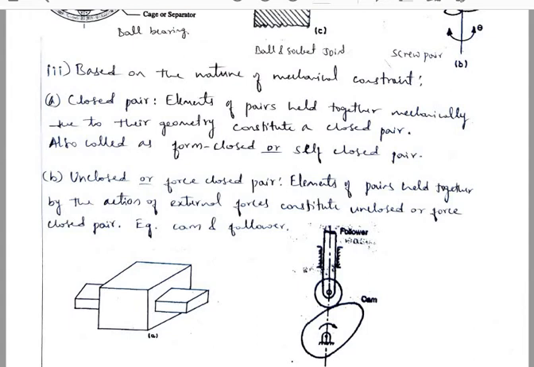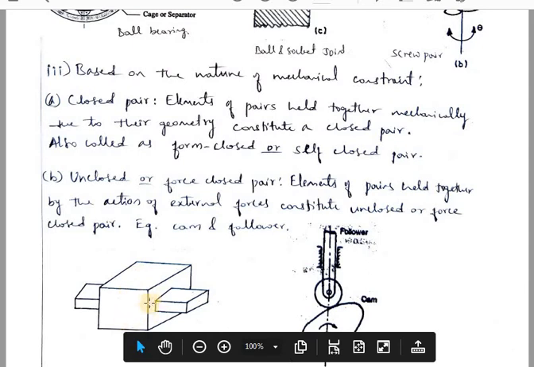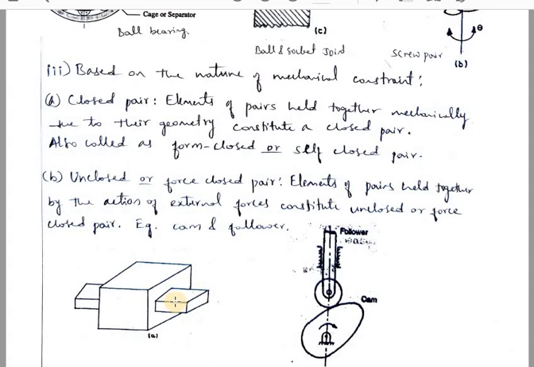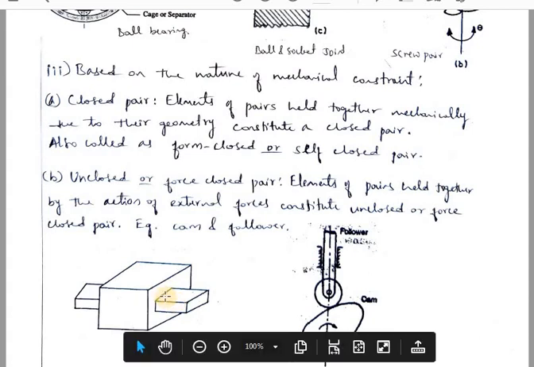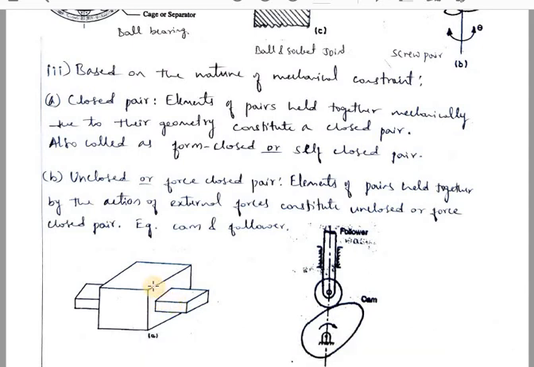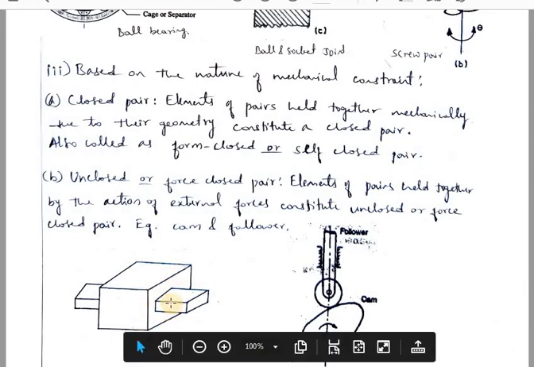And this is the figure which gives the example of this closed pair, where you can see no external devices or external forces are used for holding these two pairs together. There is no external force or device used to constrain or hold these two bodies. Because of that it is called a closed pair.